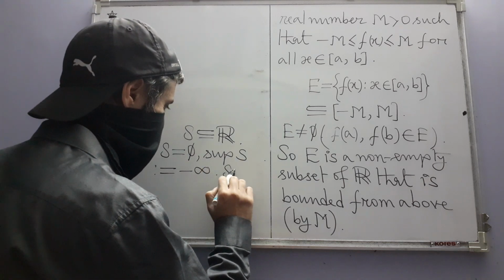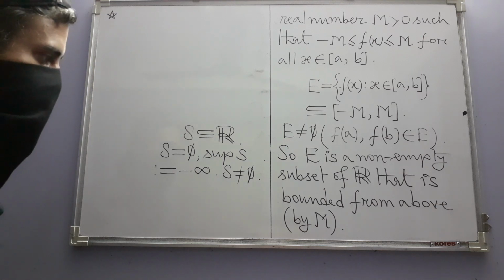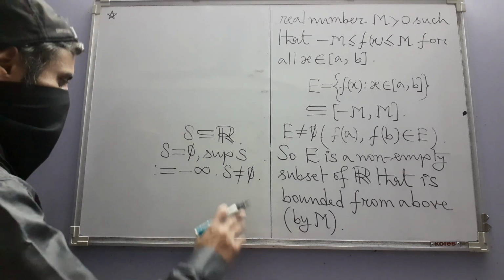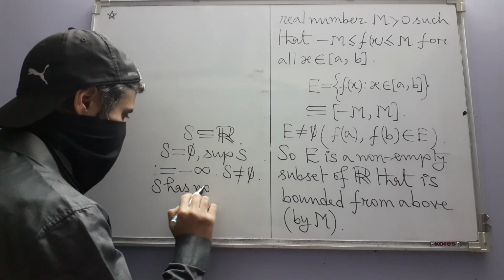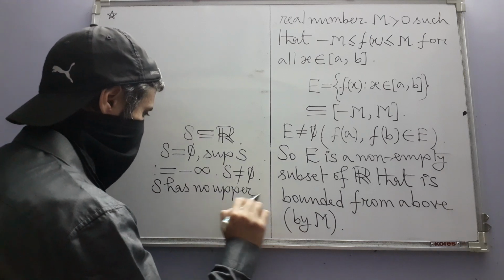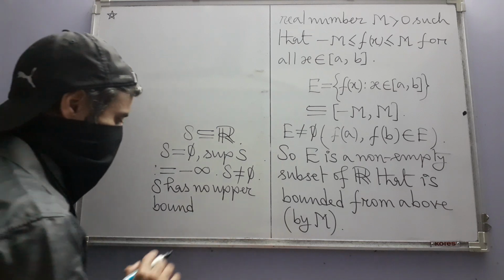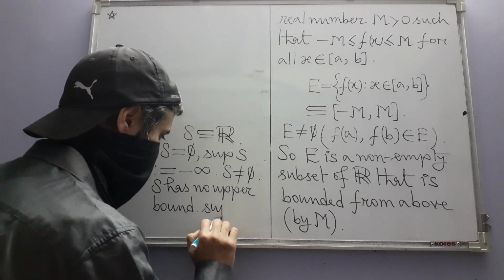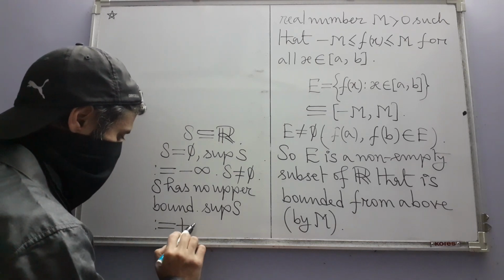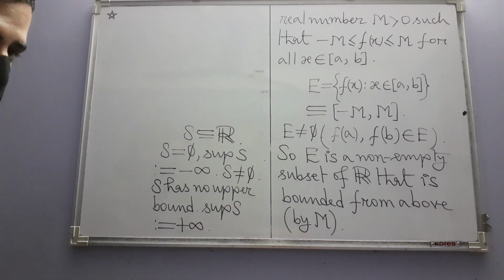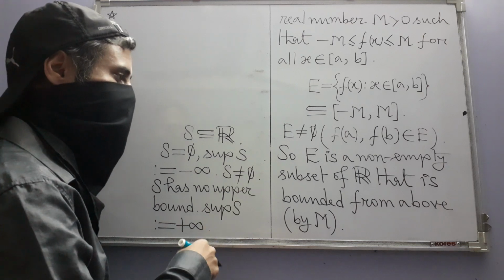It looks very strange, but this is how it is defined. Next comes the case where S is non-empty, and here also there will be two subcases. In one of them, S has no upper bound in R, of course. Then the supremum of S is defined to be equal to plus infinity. And then there is that other subcase where S is non-empty and has an upper bound.